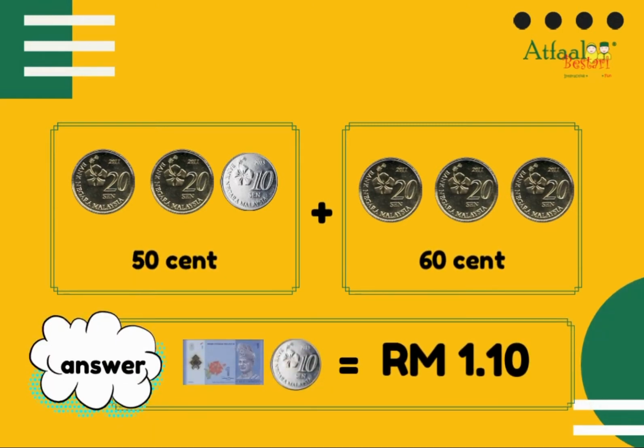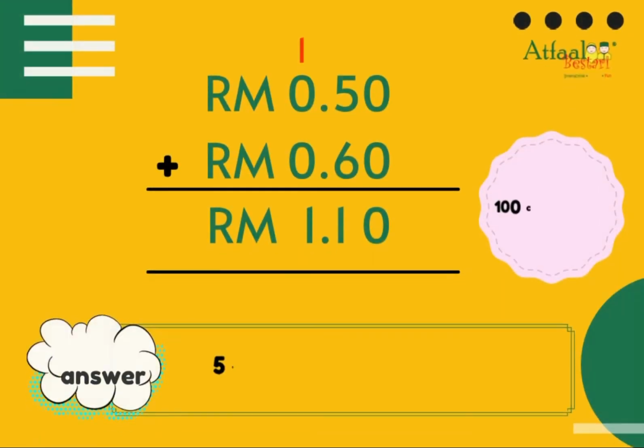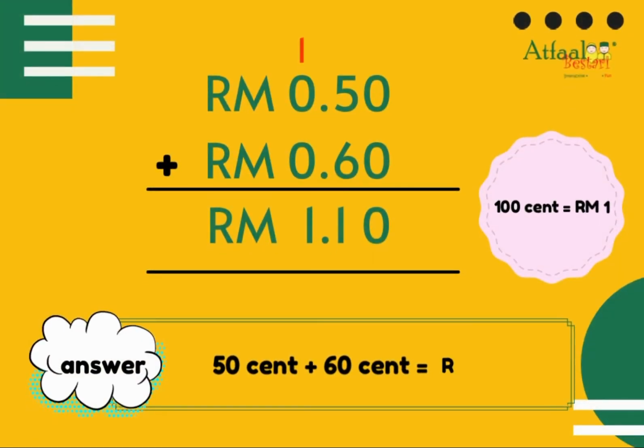Let's count 50 cent plus 60 cent equal 1 ringgit and 10 cent in vertical method. First step, write down 50 cent plus 60 cent. Then, start with the number on your right side. 0 plus 0 equal 0.